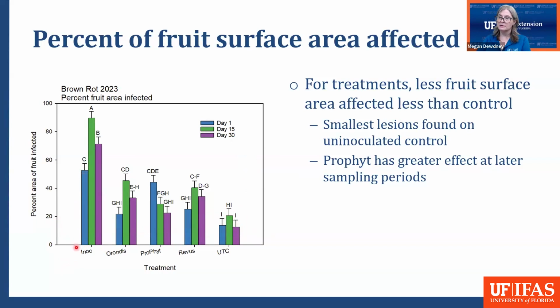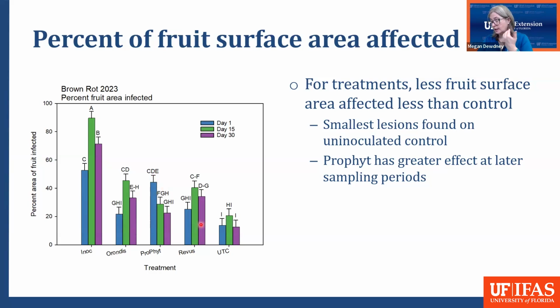We see the least surface area being infected on that day 1, which was sort of interesting. Maybe the fruit were a little bit less susceptible, but it picked up on day 15 and day 30. And then we see that all of the other treatments are significantly better, except for Prophyte on the first day, in terms of restricting lesion size.